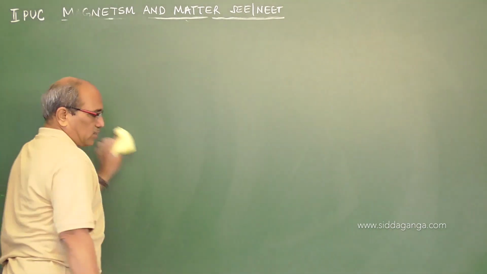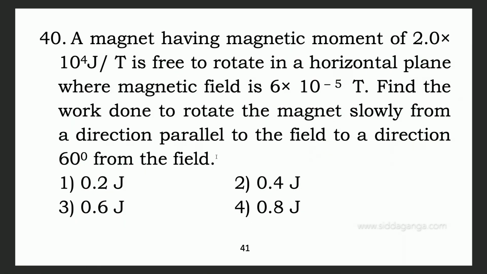Let us come to the next one. A magnet having magnetic moment M equal to 2 into 10 power 4 joules per Tesla is free to rotate in a horizontal plane where the magnetic field is 6 into 10 power minus 5 Tesla.